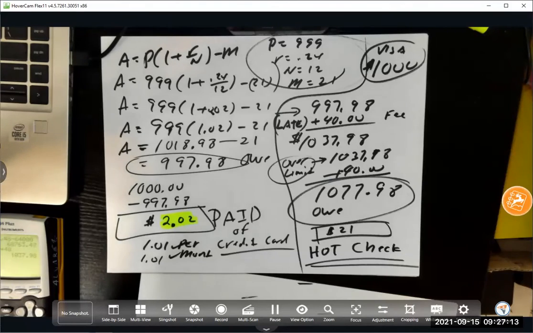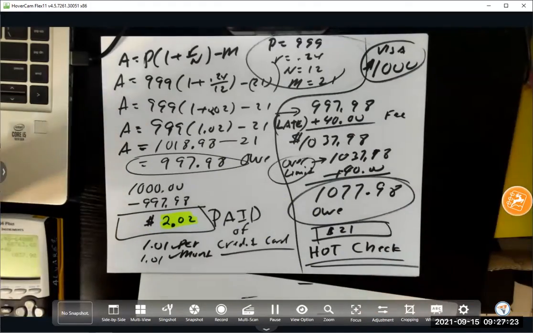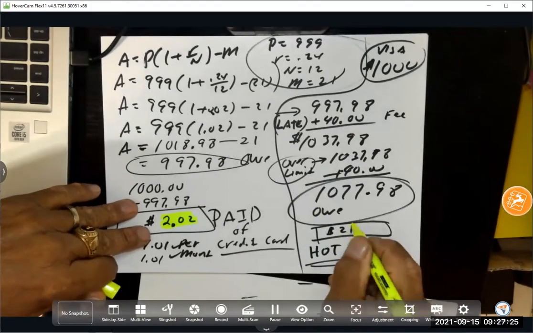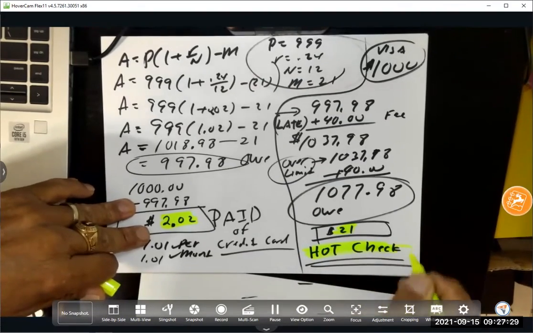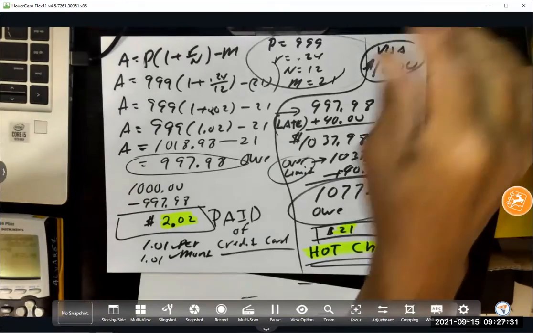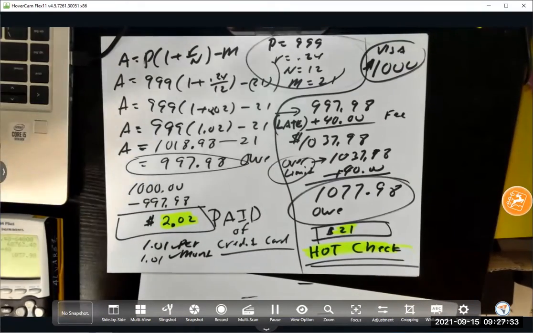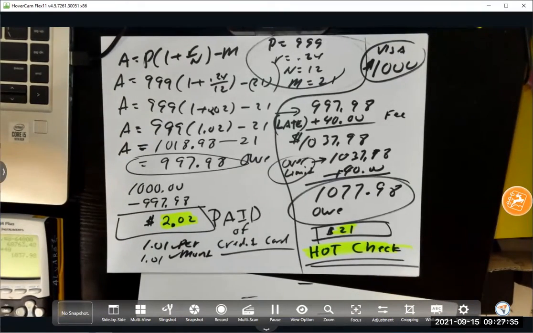If I write a hot check to HEB, I say, here's the check, thank you, and I leave, but the check's no good. You think HEB is not going to say anything? You think they're going to charge me for my mistake? If I go to Walmart, write a hot check, buy a bunch of clothes and stuff, they would say something.